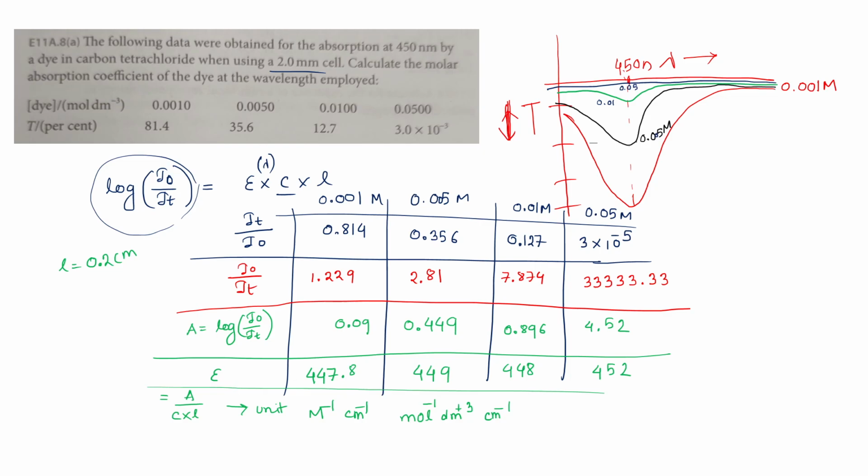Okay. As we are solving this problem, I am giving this as homework to whoever is watching this video. The question says the same. A table is given with concentration and transmittance percentage, absorbance at 600 nanometer is being recorded, and the cell size, the path length, has changed to 2.5 millimeter, that is 0.25 centimeter, right?